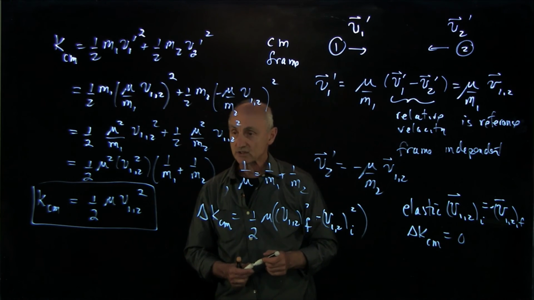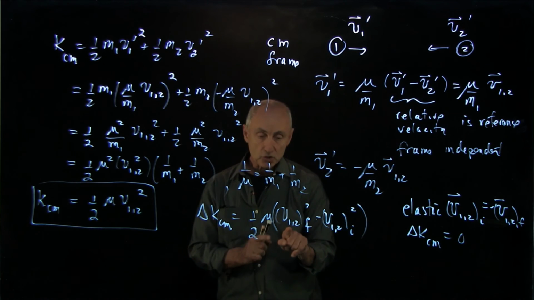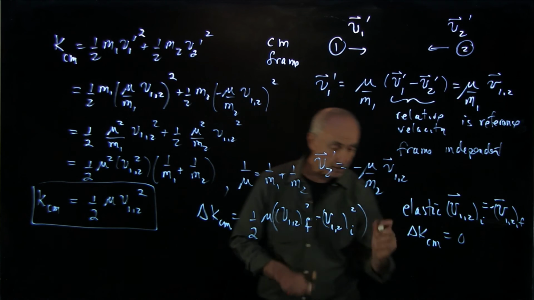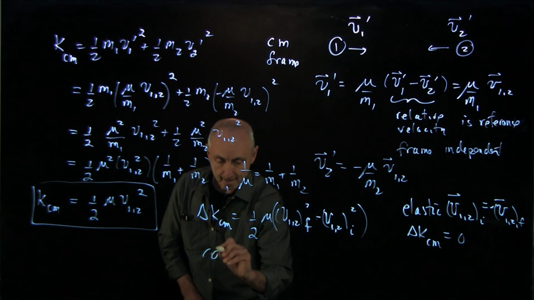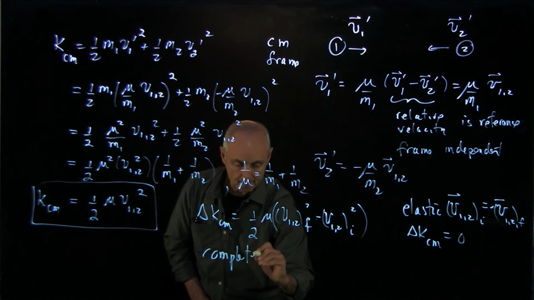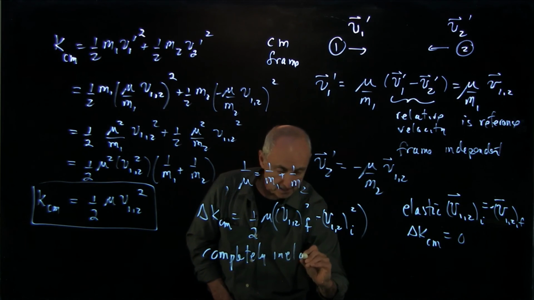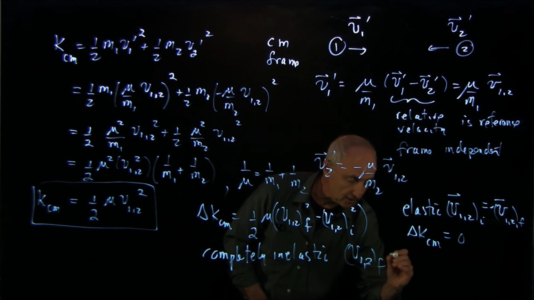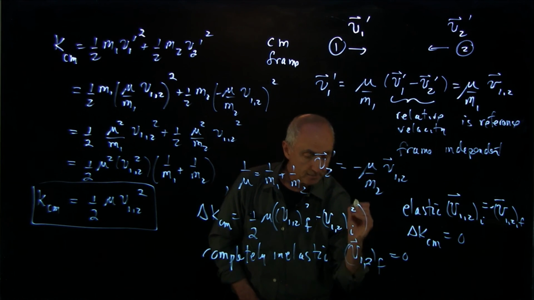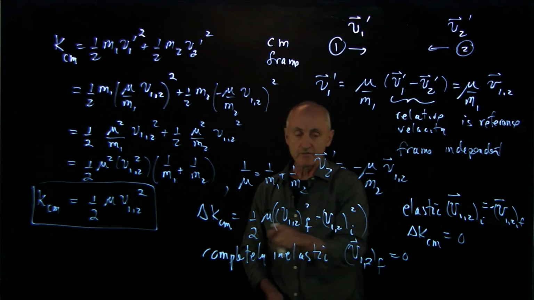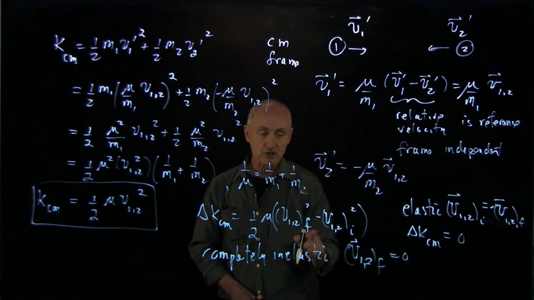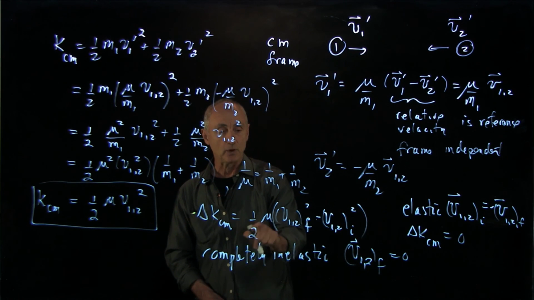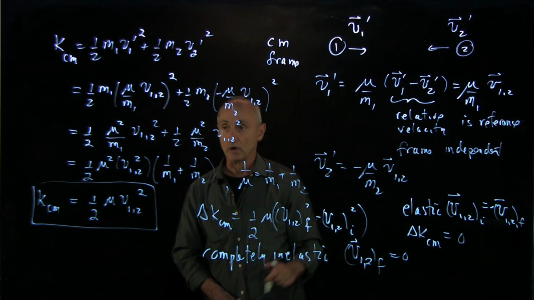And a completely inelastic collision has the two objects moving together at the end, so v12 final is 0, because the objects stick together. And we have a very simple result for the change in kinetic energy for a completely inelastic collision. It's only negative 1/2 mu v12 initial quantity squared.